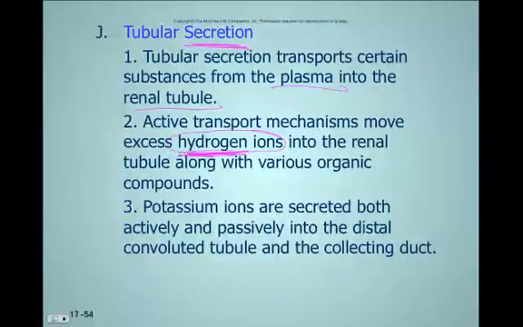And that's to help us regulate our blood pH so that we don't have too many hydrogen ions, which would make our blood more acidic. And then potassium ions are also going to be secreted both actively and passively in the distal convoluted tubule and the collecting duct. Okay? So potassium ions will also be secreted into the filtrate and then excreted as urine.